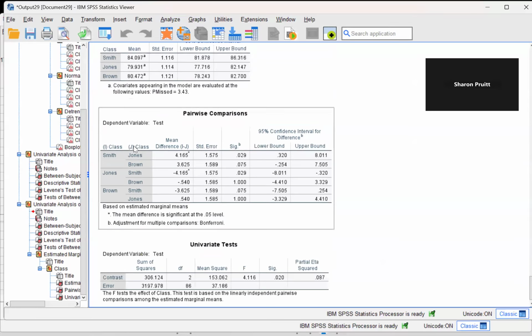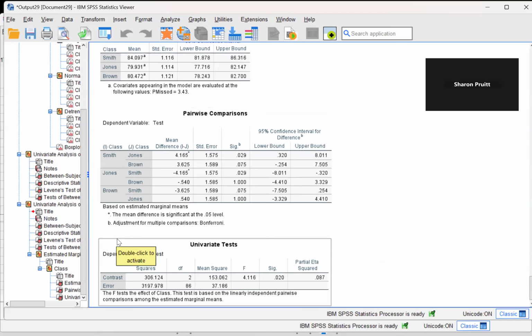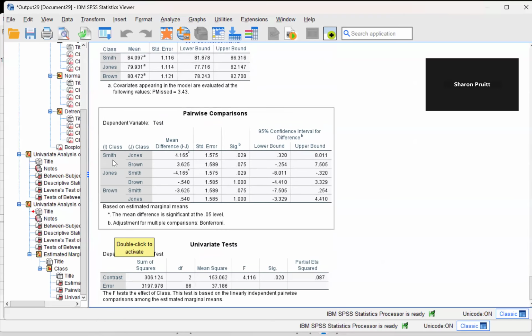Noting our Bonferroni pairwise comparisons, it shows that Smith scored significantly higher than Jones, p-value 0.029. That shows a significant difference in the test scores between Smith and Jones. Smith and Brown has a p-value of 0.075.